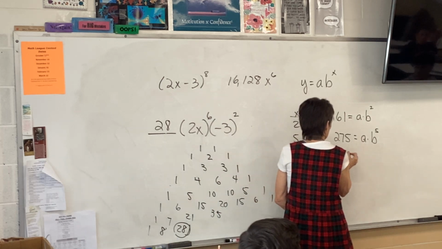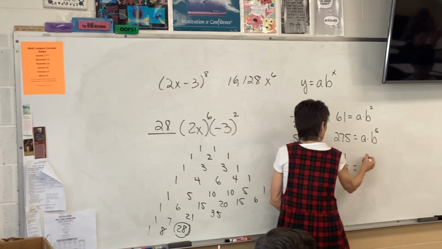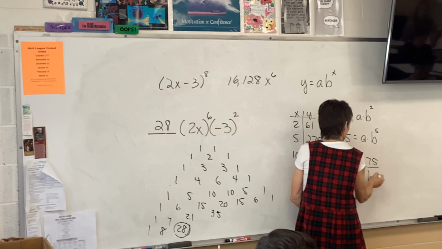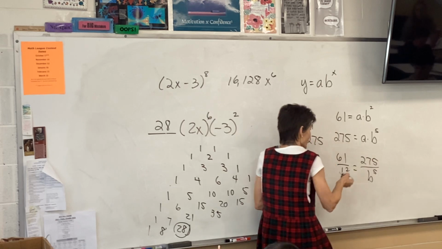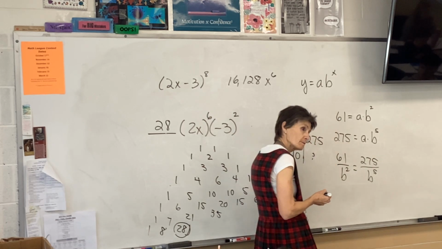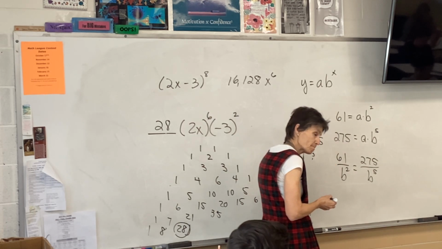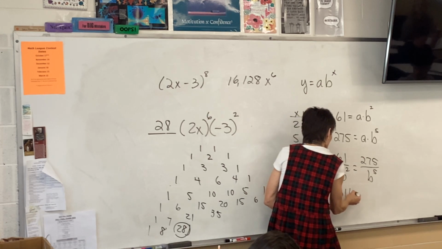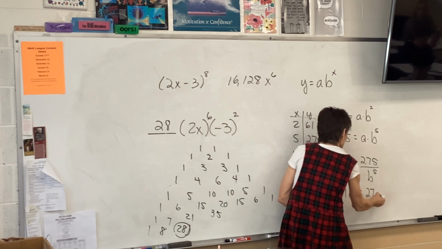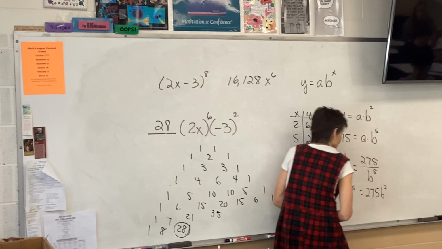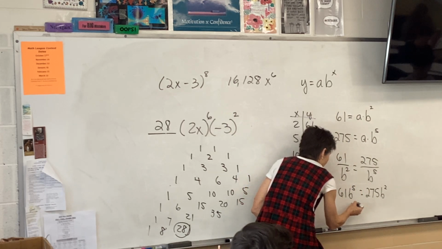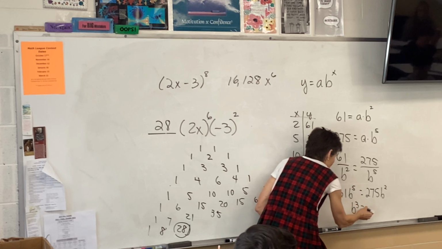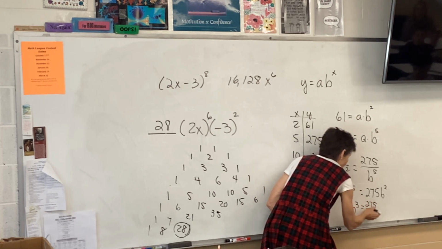If I solve both equations for a, then 61 over b squared equals 275 over b to the 5th. You with me? So then 61 b to the 5th equals 275 b squared. So it looks like b cubed is 275 over 61.